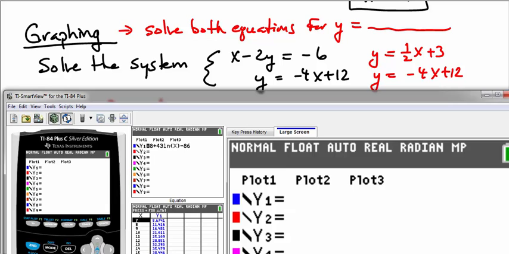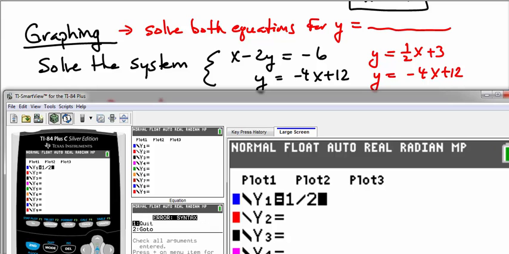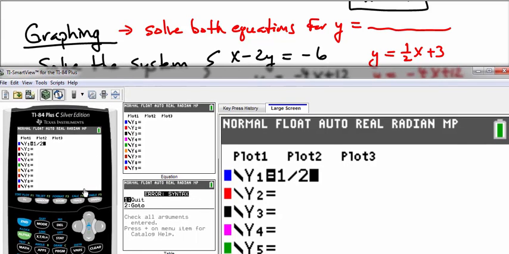Okay, so I'm graphing both of these, so I'm going to choose y equals. So my first one is y equals 1/2 x plus 3.